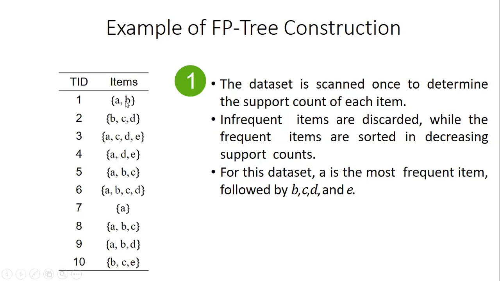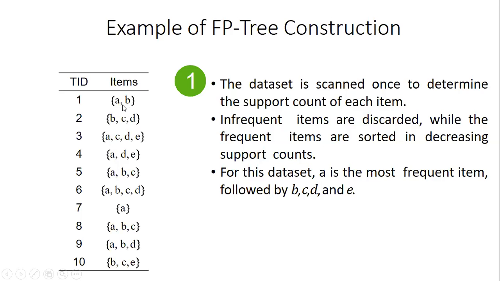If you see here, most of the transactions begin with A, and other transactions begin with B. That means we have to understand that once we do pass one, in pass two, the items in each transaction have to be arranged in decreasing order of support count.